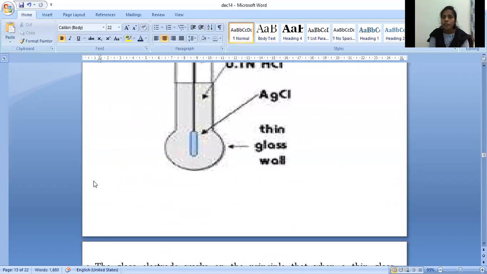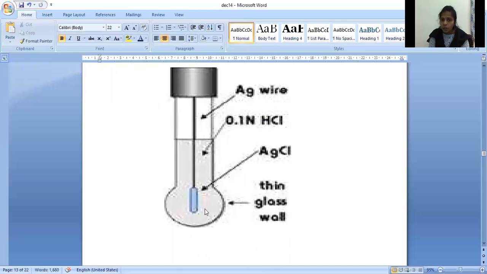That means this electrode is dipped in another beaker, in which we take the solution whose pH value is to be calculated. Why is the glass electrode useful? The glass electrode is useful to know the pH of an unknown solution. So this glass electrode is dipped in the solution whose pH value is to be calculated.